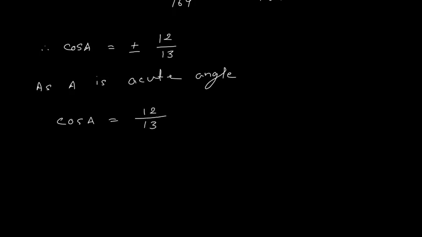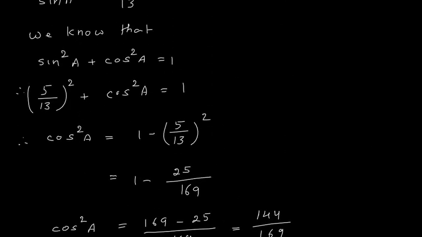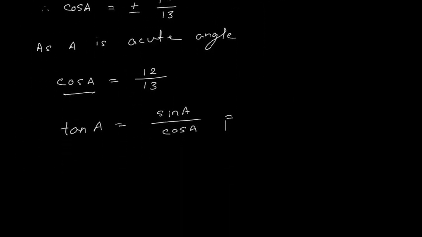Now we know cos A, we know sin A. What about tan A? So tan A is nothing but the ratio of sin A and cos A. So the value of sin A is 5 upon 13.